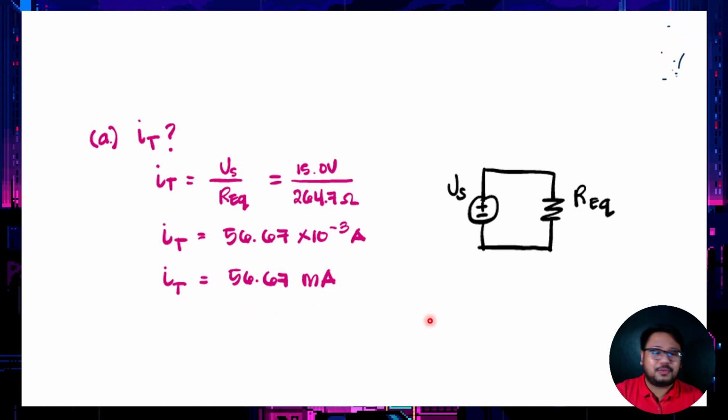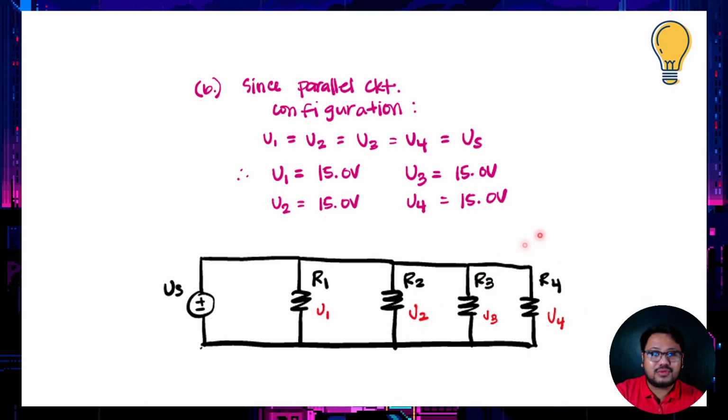Let's have letter B, wherein we have to solve for the voltage across each resistance. So across each R1, R2, R3, and R4. And it's very easy because this is just a parallel circuit configuration. If we break down our REQ into 4 resistances, we now have R1, R2, R3, and R4 again.